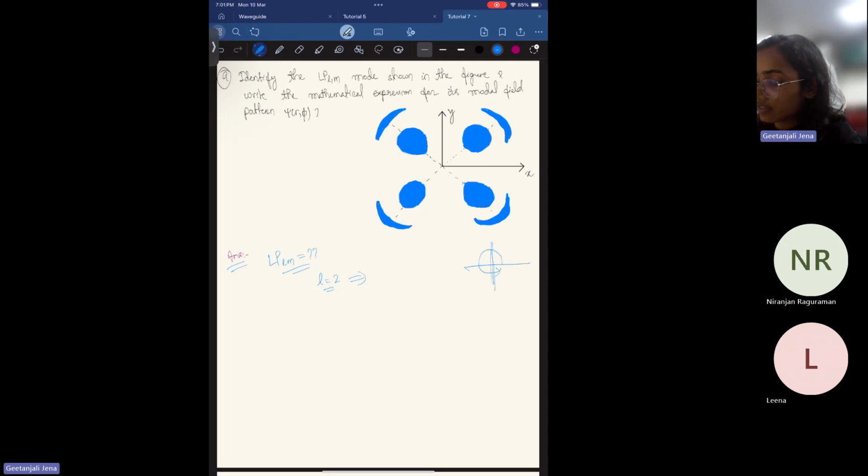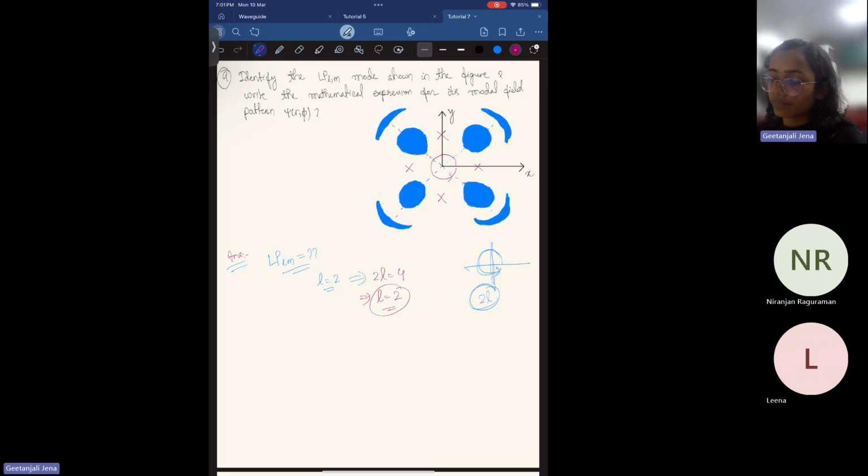In this direction, the number of zeros will be 2 times L. Here in the profile, when you take a 360 turn, you can see there is a 0 here, a 0 here, a 0 here, and a 0 here. So 2L is 4. So we have L equal to 2. This is correct.